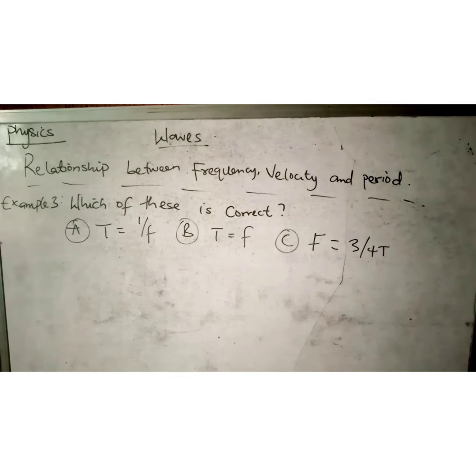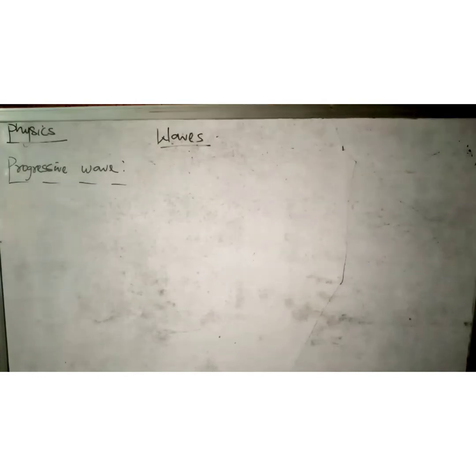And you can see that from the relationship between frequency, velocity, and period. Let us move into progressive wave. If you don't call it a progressive wave, you can call it a traveling wave.